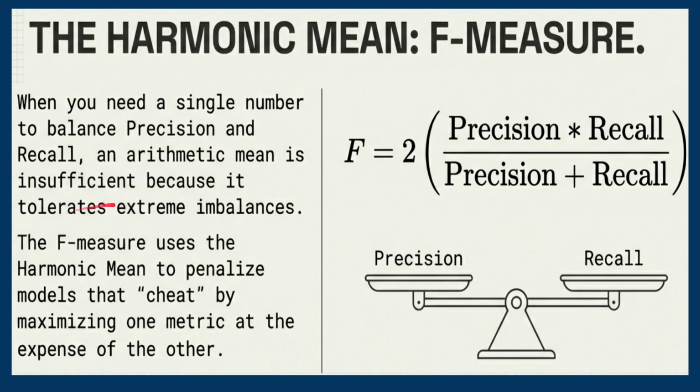So the arithmetic mean will not give the proper balance, it will give extreme imbalance. So what you do is go for the F measure. F measure uses the harmonic mean to penalize models that cheat by maximizing one metric at the expense of the other. That means we should be in an average position to consider both precision and recall.